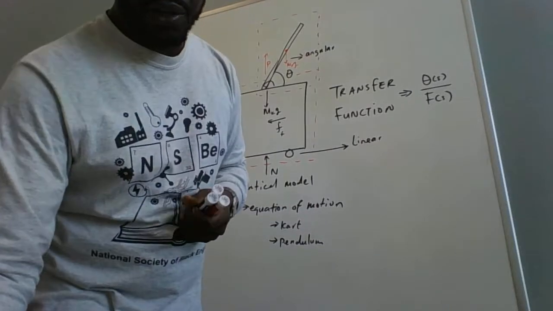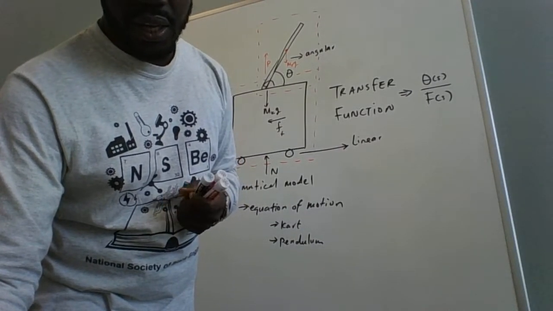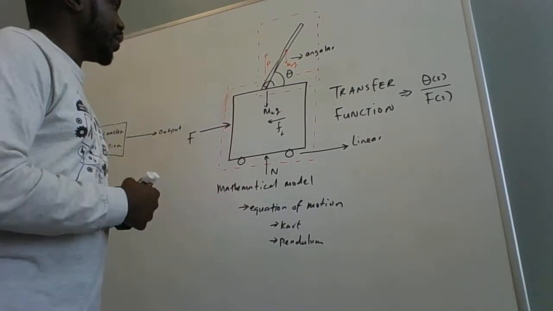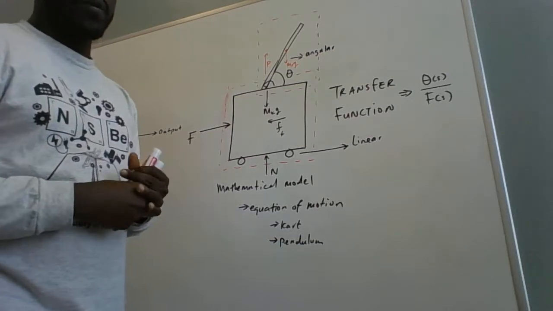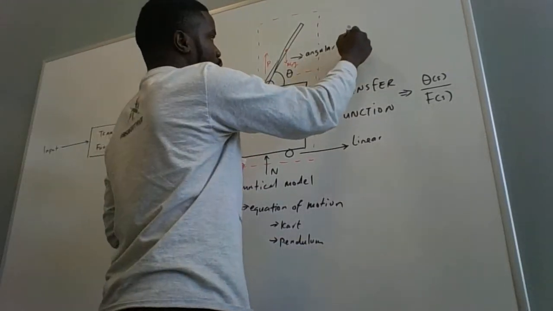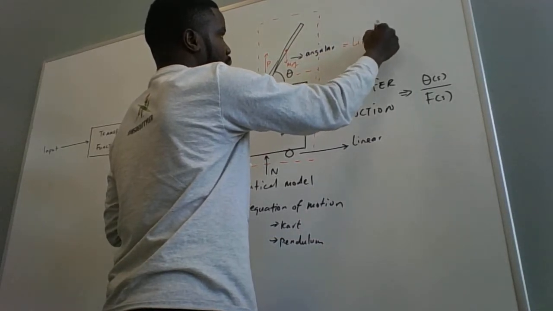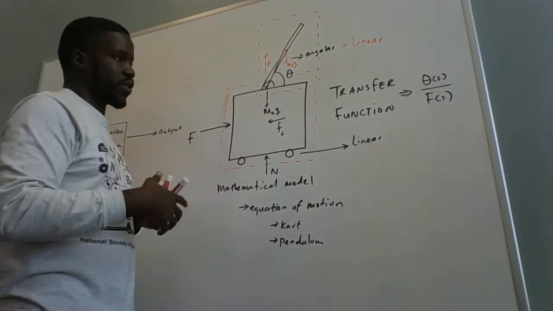Another thing that's worth mentioning in this particular project is that to better understand the relationship that this force has with this displacement, we have to convert this motion into a linear motion. And this also allows us to derive our differential equation.